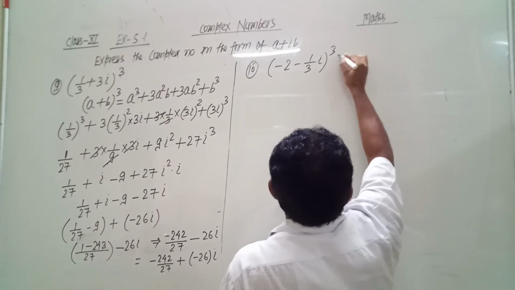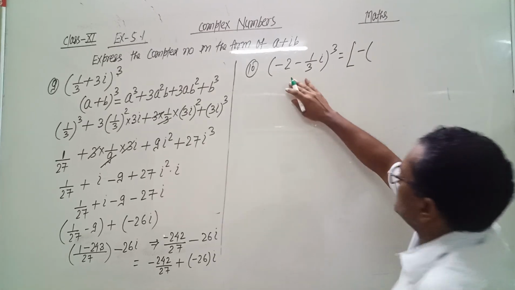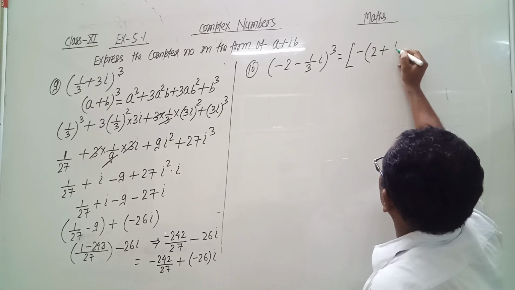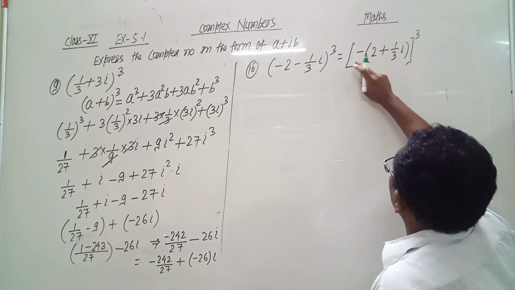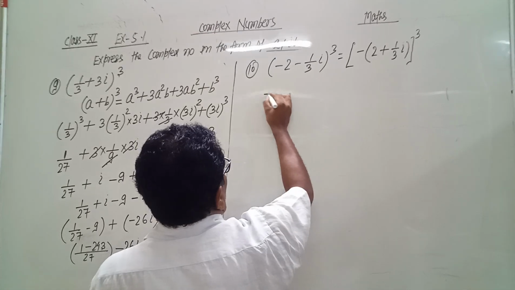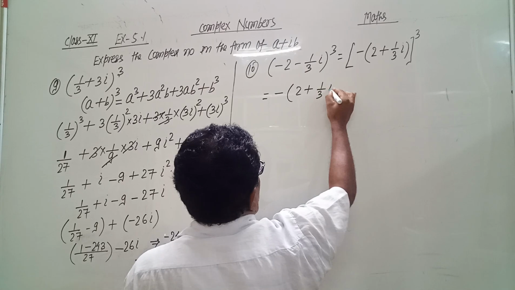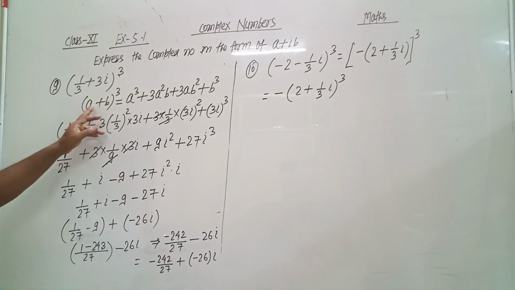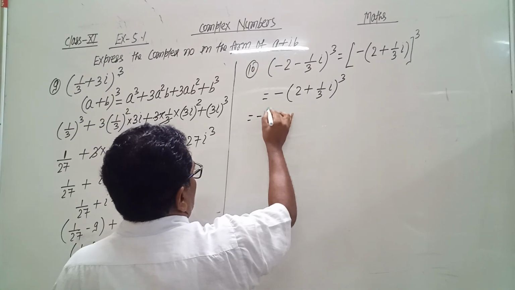So the very first thing, we take minus as common inside the bracket, so we get (2 + (1/3)i) whole cube, and minus raised to the power 3 gives minus. So minus (2 + (1/3)i) whole cube. This will again be expanded in the form (a + b) whole cube, with the minus taken outside.